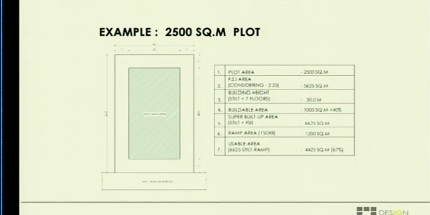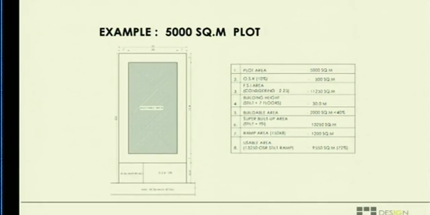Here, a 2,500 square meter plot would yield 4,425 square meters. If it's a nice rectangular plot and you follow all the norms, you still have a little less than double your ground area to build your hospital. If you go bigger, this gets better. When your plot size is 5,000 square meters, you will yield 9,550 square meters.